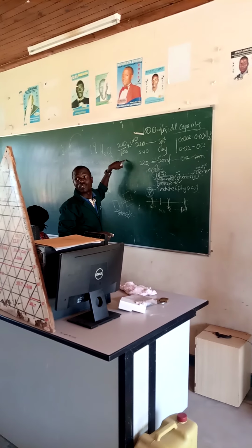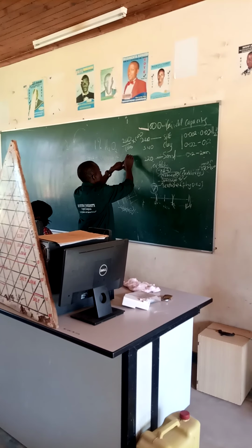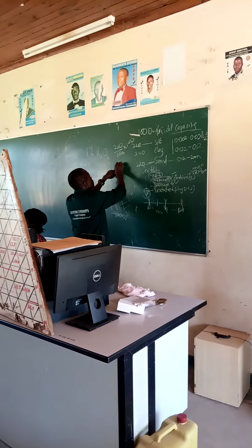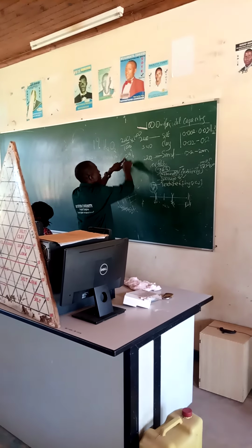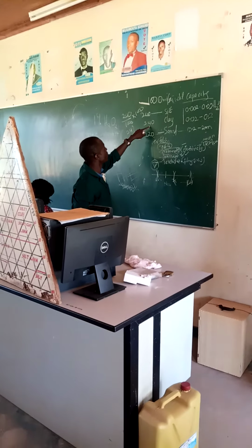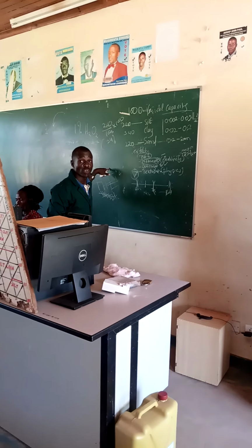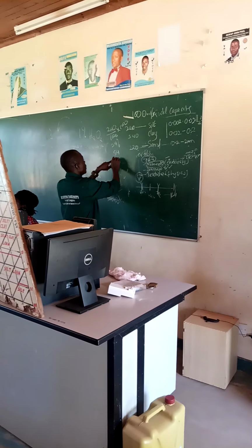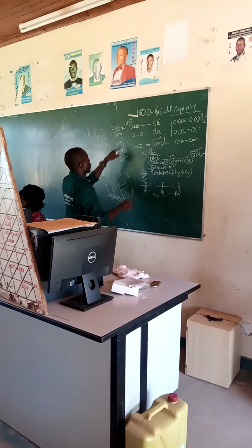What is this? 24%. What do you have from here? 54. This is 22. When you add, does it give you 100?